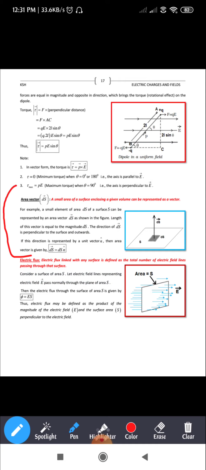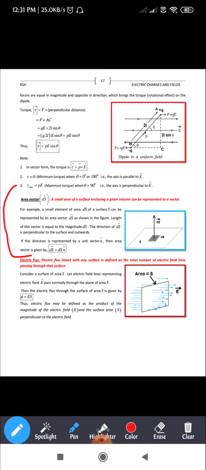So whenever you take that small area, the area vector can be represented as follows. Whenever you say a vector, we always express that vector in terms of magnitude and direction, right? Magnitude is what tells about the value, into direction. In the case of this area vector also it is one and the same.